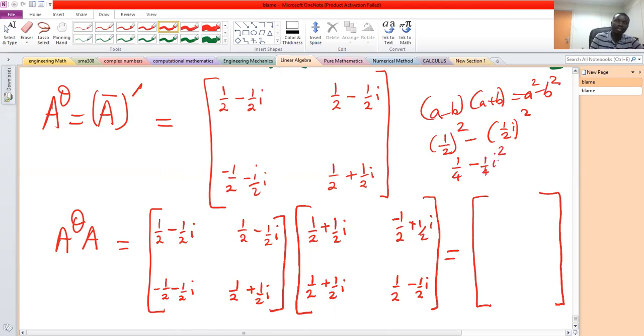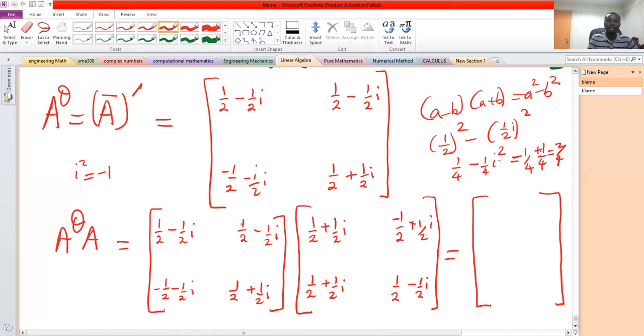But I squared is -1, so -1 times -1 over 4 is +1 over 4. So we'll have 1 over 4 plus 1 over 4, which is 2 over 4, or a half. So this times this one is a half.